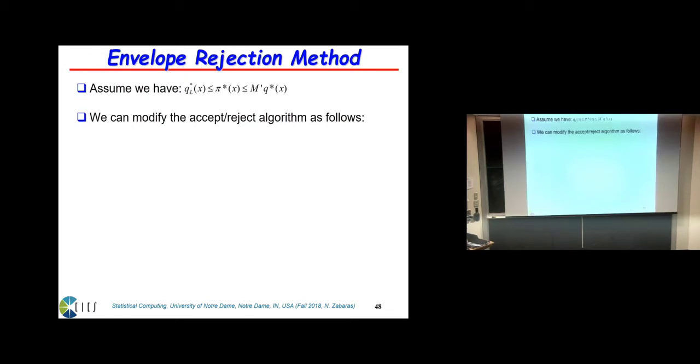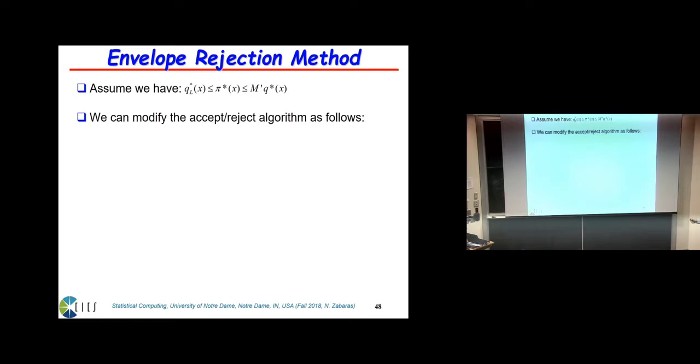All right, so let me discuss very briefly, because you can go and read in the notes, and there are some examples about this, the envelope rejection method. So the idea here is, let's assume that somehow we can bound this normalized distribution pi from above, the way we had it up to now, but also from below, from some proposal distribution QL star.